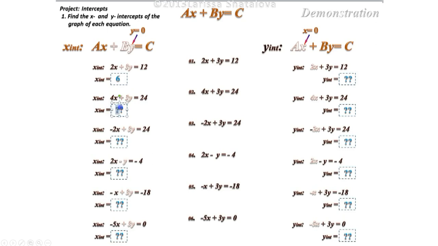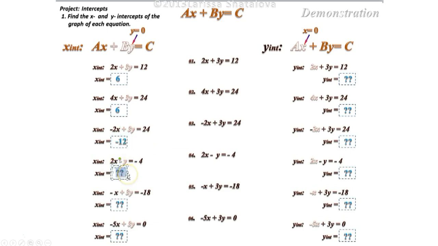Next equation, what is left over? Just 4x is 24. Divided by 4 both sides, and x is 6. The x-intercept is 6. Next equation, negative 2x is 24. Divided by negative 2, the x-intercept is negative 12. Next, 2x is negative 4.